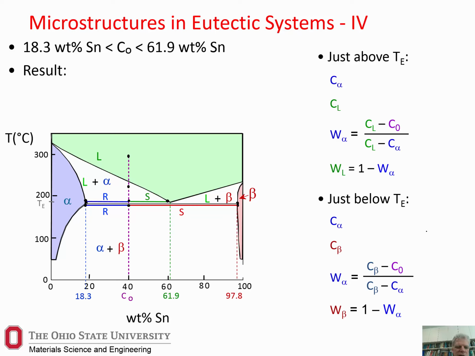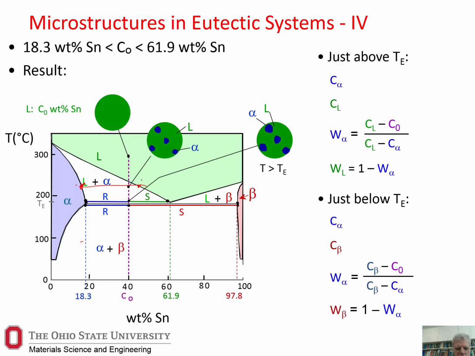So let's consider something a little more interesting, where you've got a composition that's in here. Again, you can cool down this thing sitting here as liquid. You form alpha first. Alpha would have this composition. Liquid would have that composition. Boom. You go down to just above the eutectic temperature. Here, R and S are about the same length. It's about half liquid, half alpha.